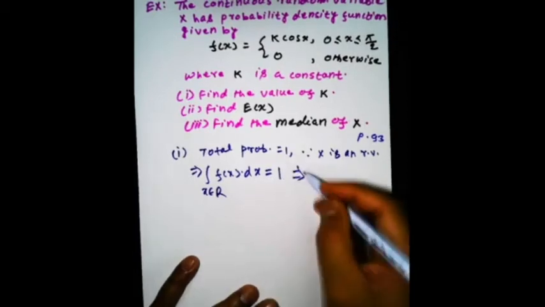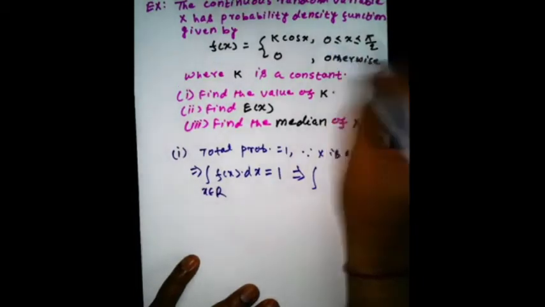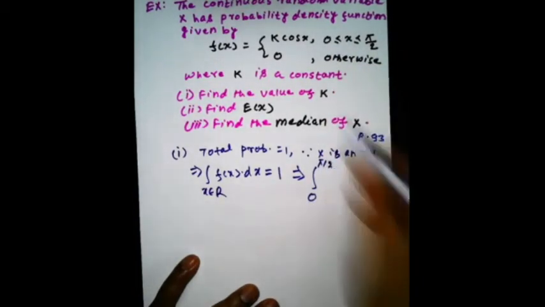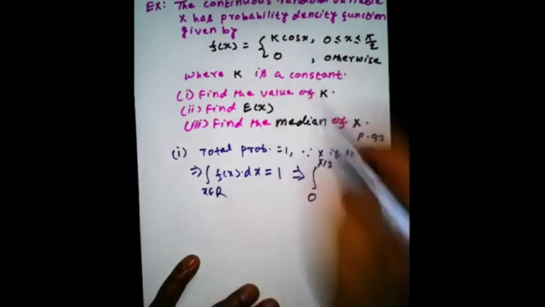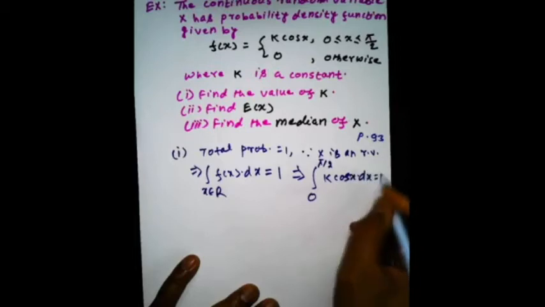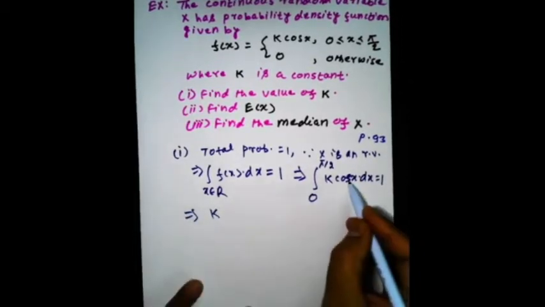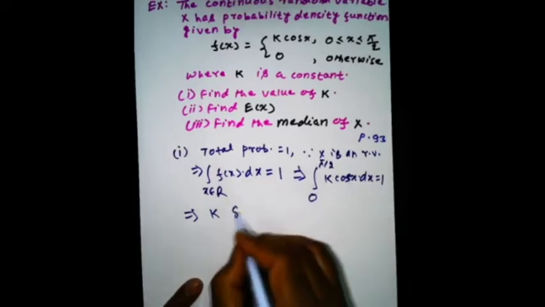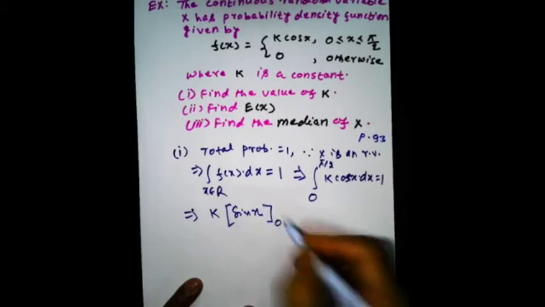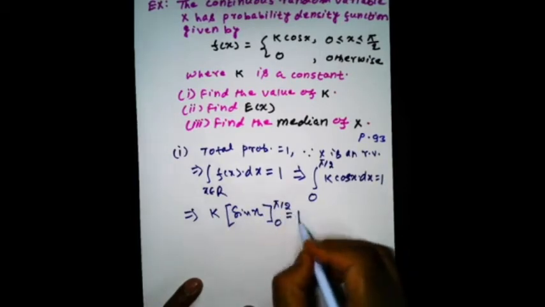So in this case values of x are between 0 and pi by 2, so we put 0 as the lower limit and pi by 2 as the upper limit, and in place of f(x) we have k cos x dx, and that is equal to 1. k is a constant, so take it out, and if you integrate cos x, the integration of cos x is sin x, with x from 0 to pi by 2, and that equals 1.